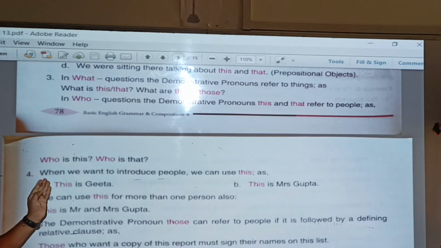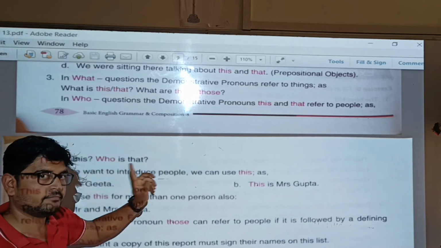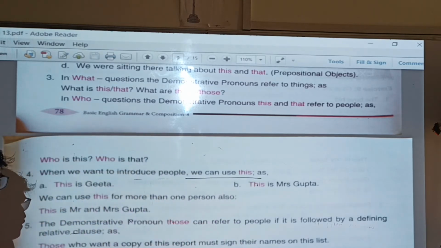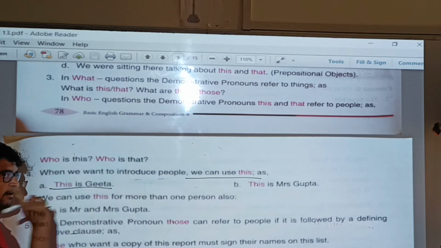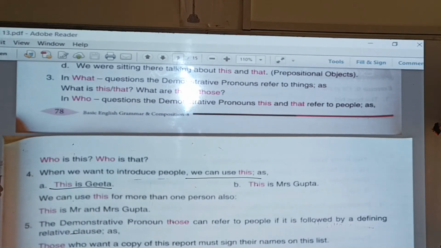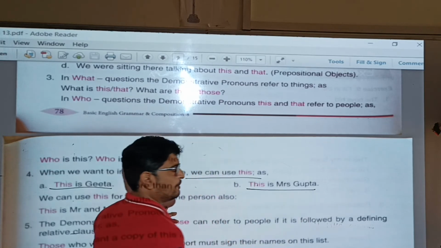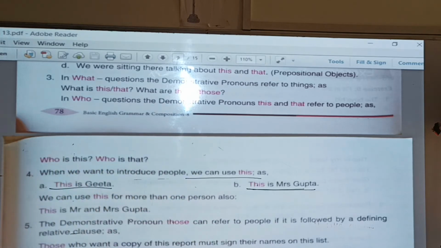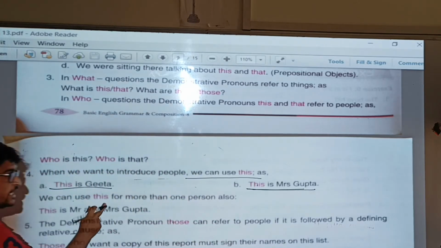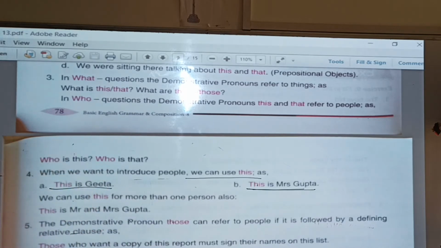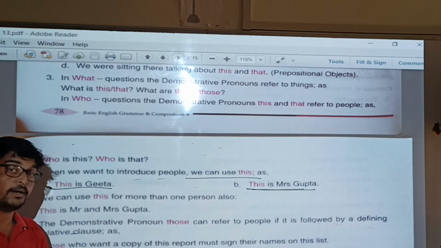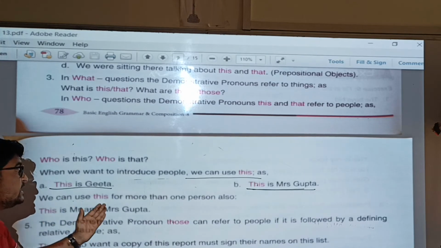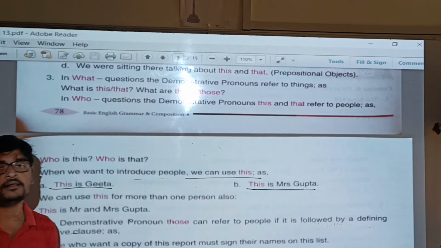Then number 4. When we want to introduce people, we can use this, not these and those. This is Geeta. Geeta is a girl's name and it is singular. Then, this is Miss Gupta. So it is also singular. And remember, we can use this for more than one person also. पहले हमने ये देखा कि it is singular, but while we are introducing people, we can use this for more than one person also.